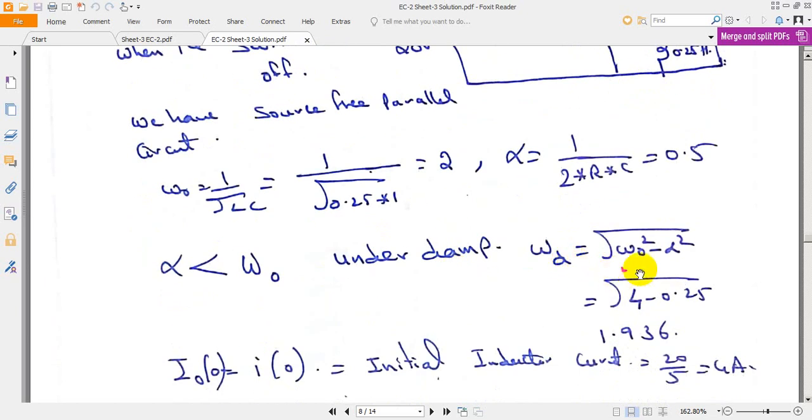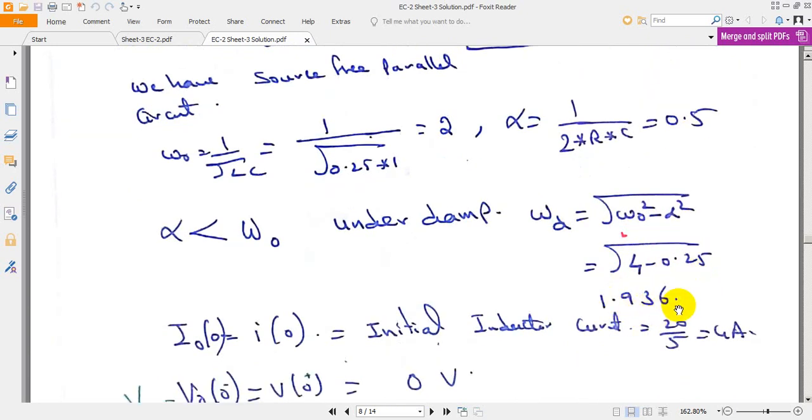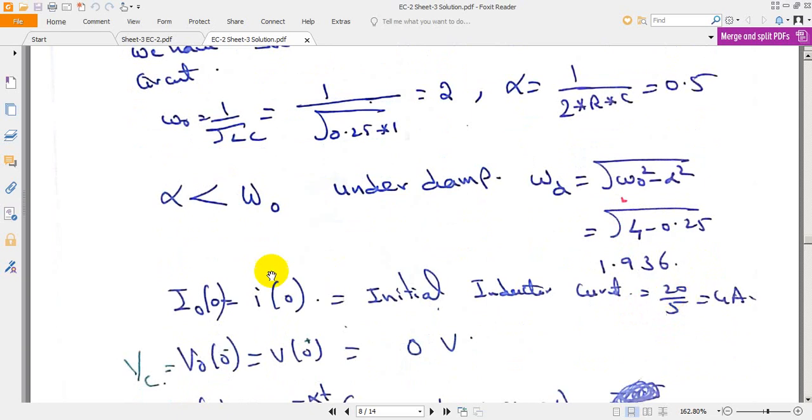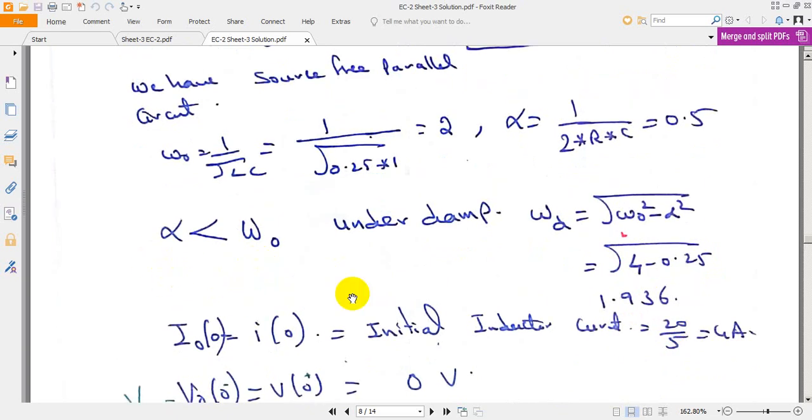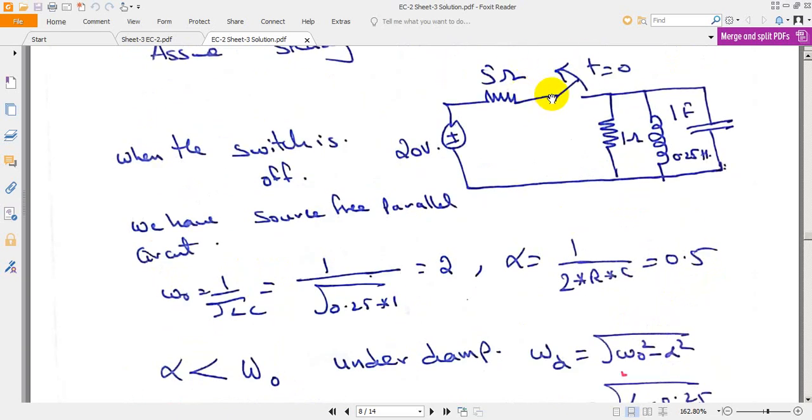Omega d is equal to square root of omega naught square minus alpha square. Substituting, it is 2 square minus 0.5 square. 2 square is 4 and 0.5 square is 0.25. You will get it as 1.936.